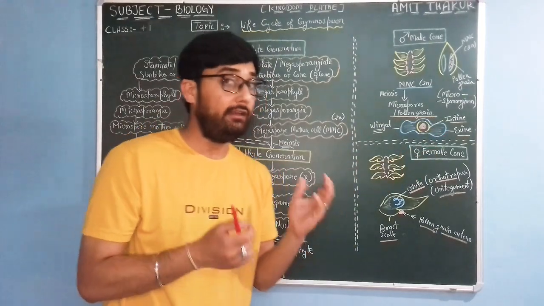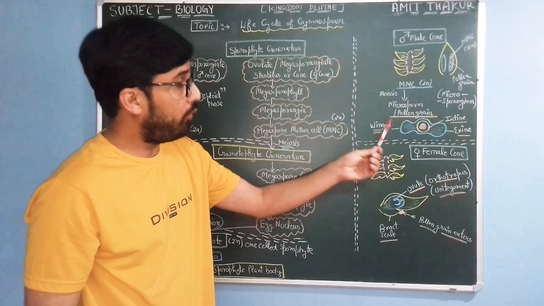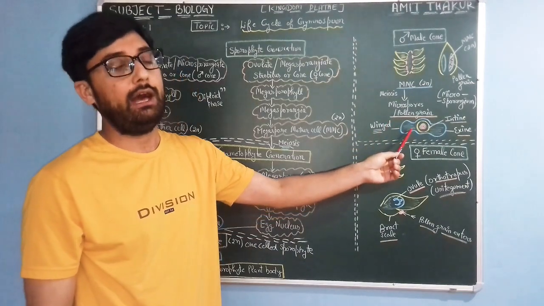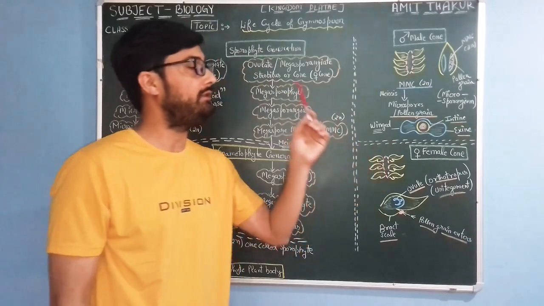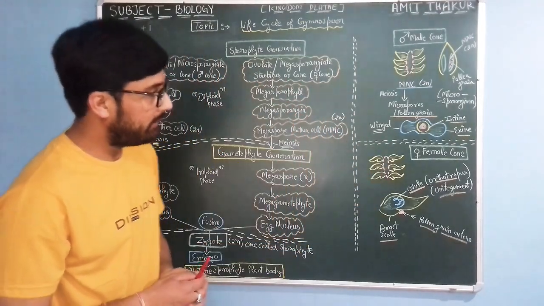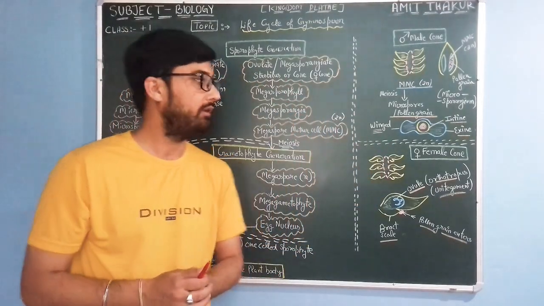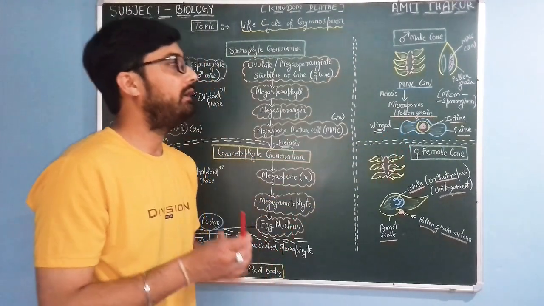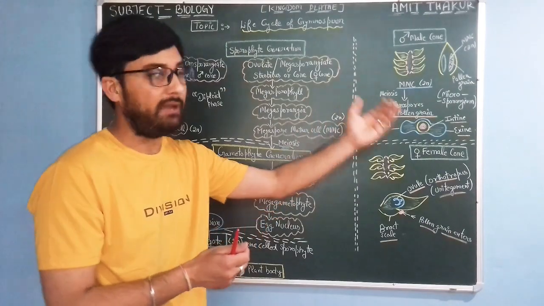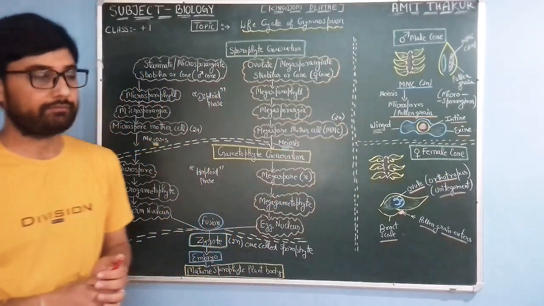That means, as we know, pollination is by wind. They are anemophilous, that means pollination in gymnosperms is by wind. So this wing structure helps in the dispersal of the male gamete.